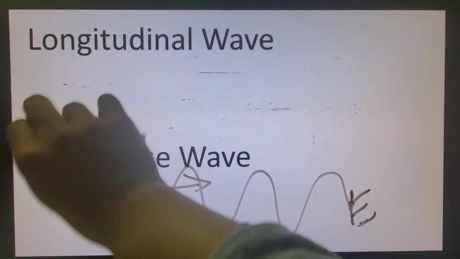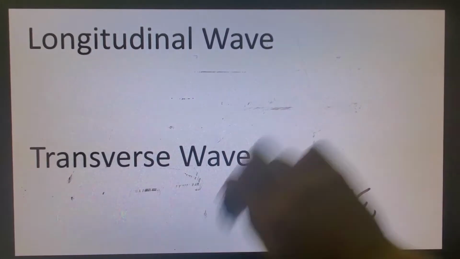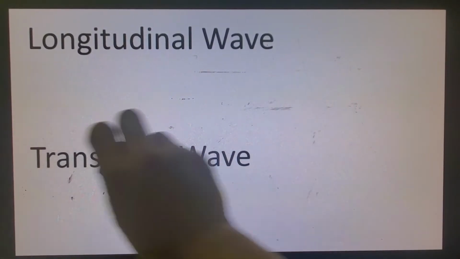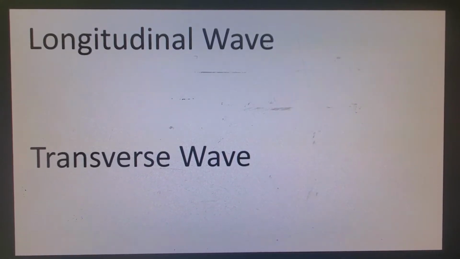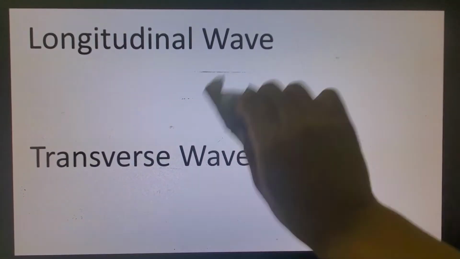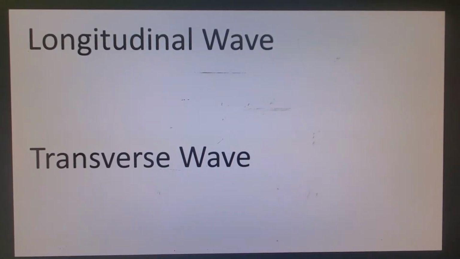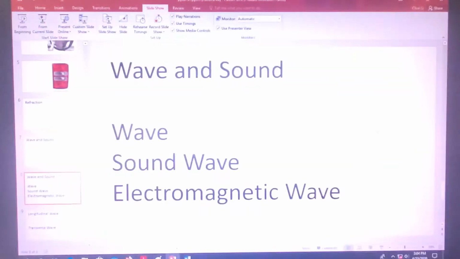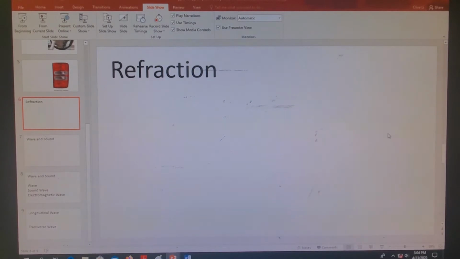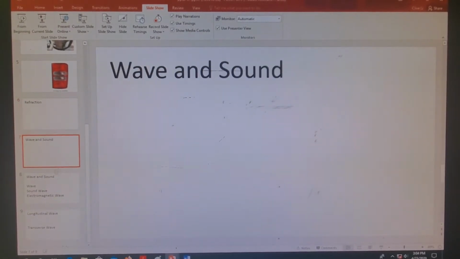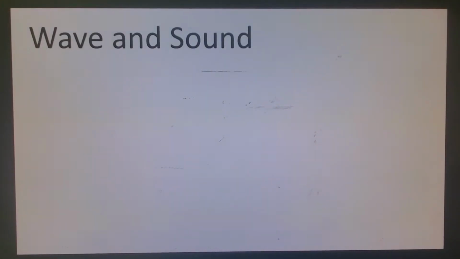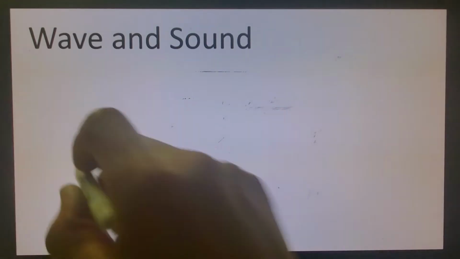I'm going to talk about a few important key terms of the wave. So we need to know a few things. First of all, I'm going to draw a wave.